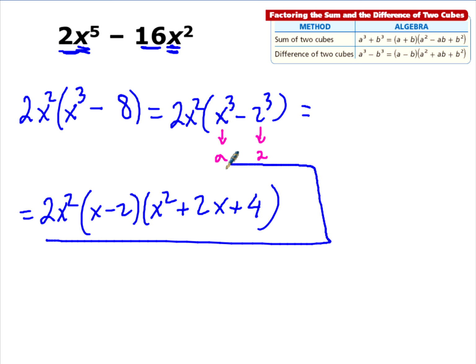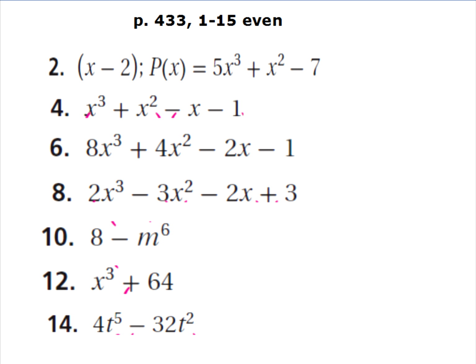And that would be our final answer. So go ahead and try these problems on your own. It's in the book, page 433, problems 1 through 15 even.